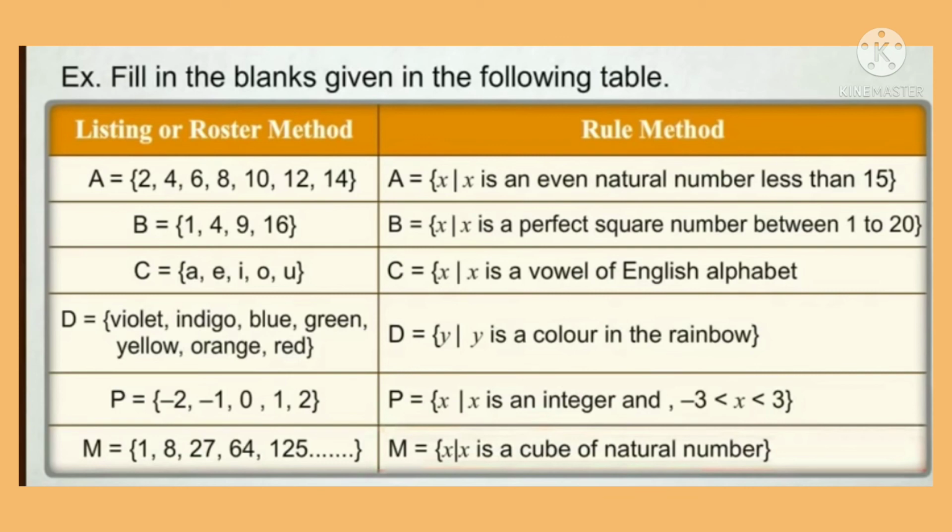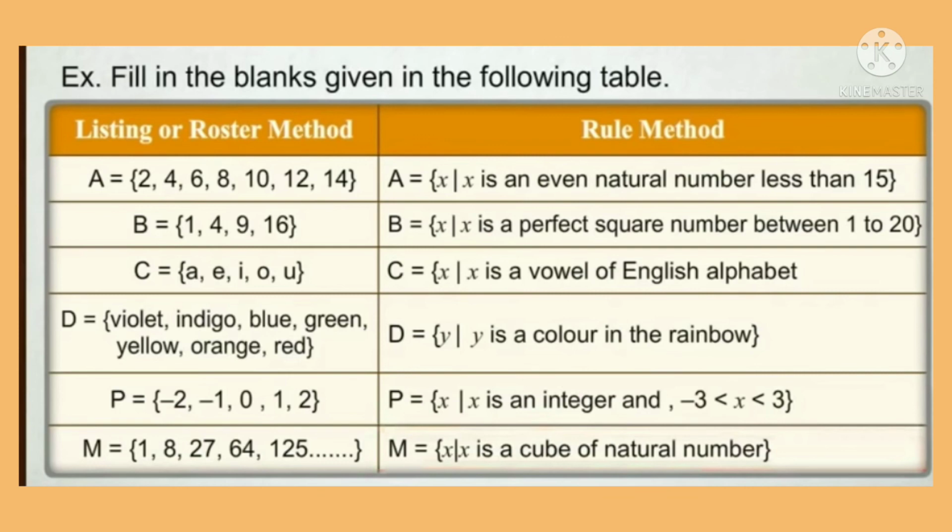Listing or roster method: P = {-2, -1, 0, 1, 2}. Rule method: P is a set of x such that x is an integer and -3 is less than x and x is less than 3.